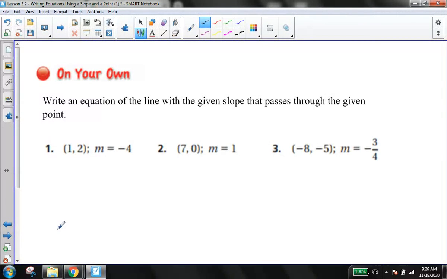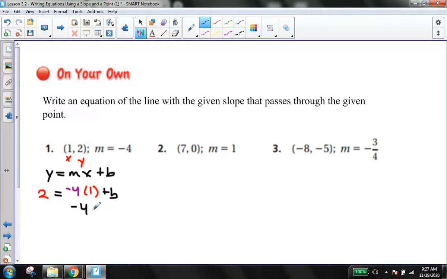All right, let's see if you guys got the right answers. So again, plug it into y equals mx plus b. Okay, so the slope on this one, -4. The x is 1. The y is 2. Okay, we're solving for the y-intercept.